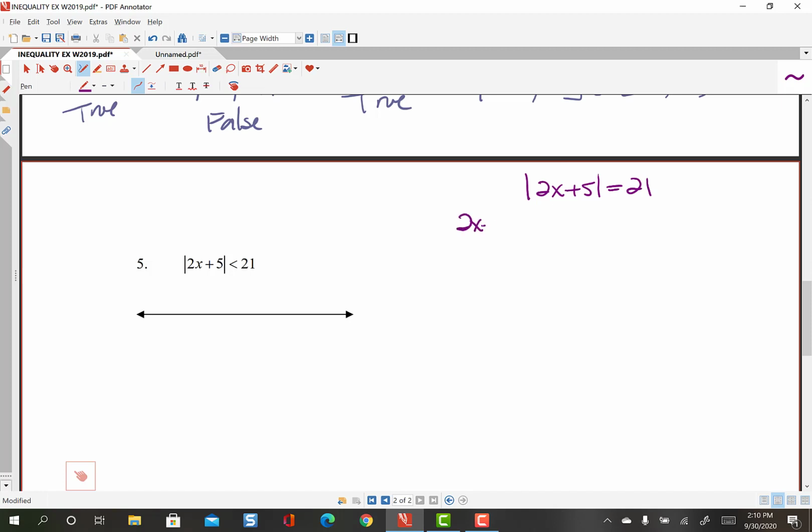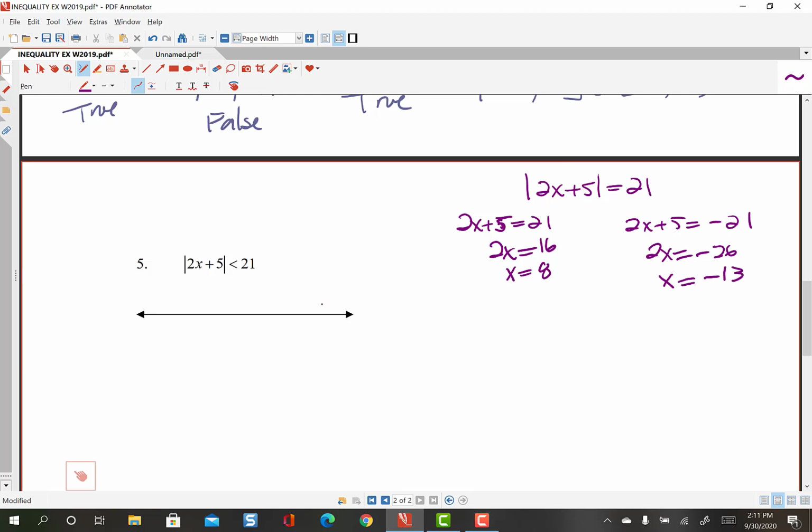So if I remove the absolute values, 2x plus 5 could be 21, or 2x plus 5 could be equal to negative 21. Let's subtract 5 here. That gives me 2x equals 16, or x is 8. This one here, we are going to have 2x is equal to negative 26, or that x is equal to negative 13.